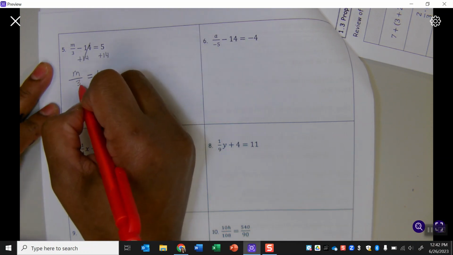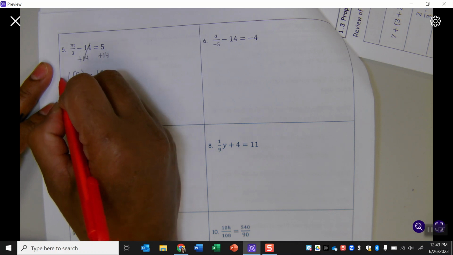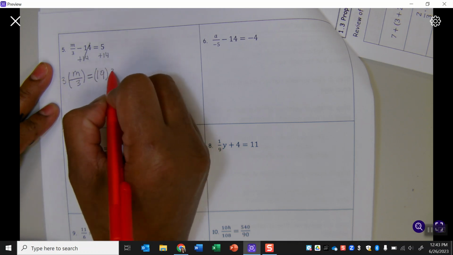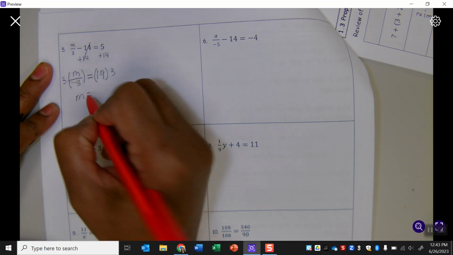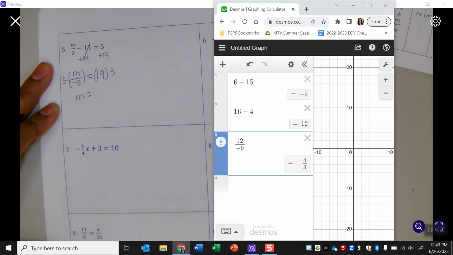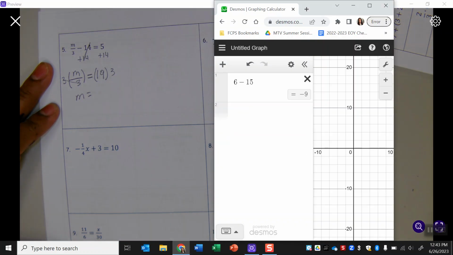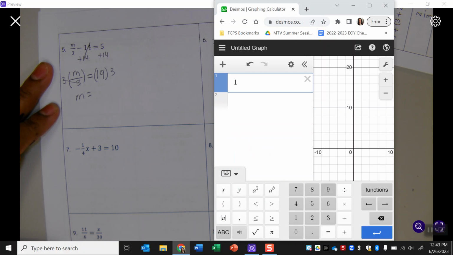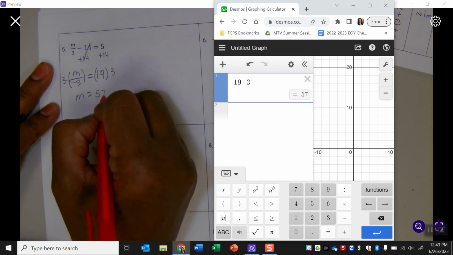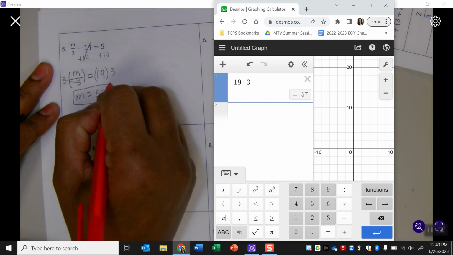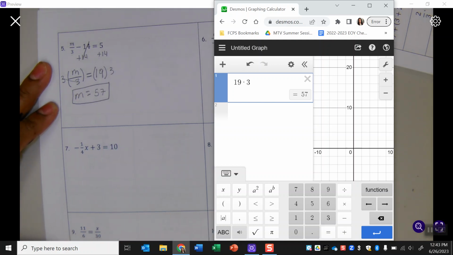And then this is being divided, so I need to multiply both sides by 3. So you have m equals 19 times 3, no clue what that is. No, I know it's 57. Okay, pause the video and you can try number 6.